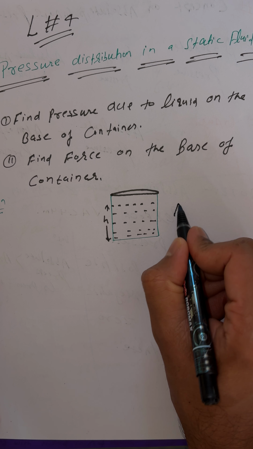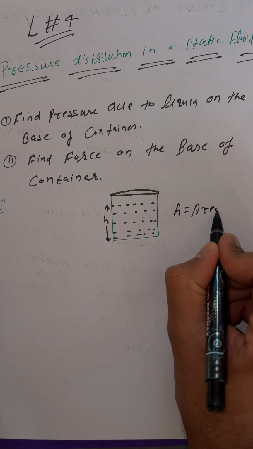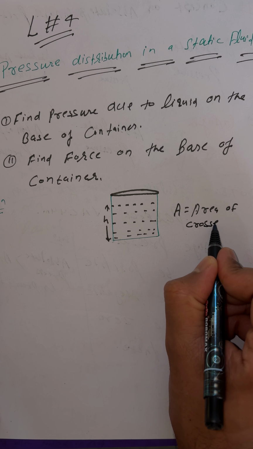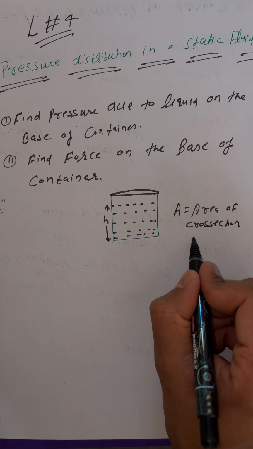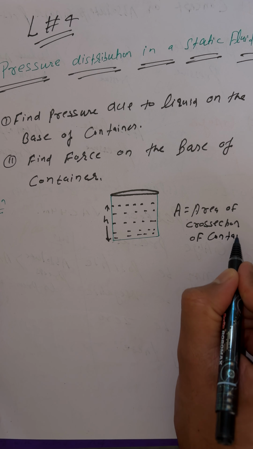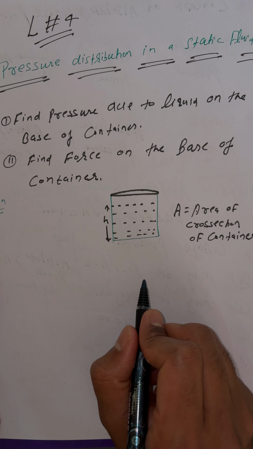Students, here I'm considering A as the area of cross section of the container, my dear, right? Okay.